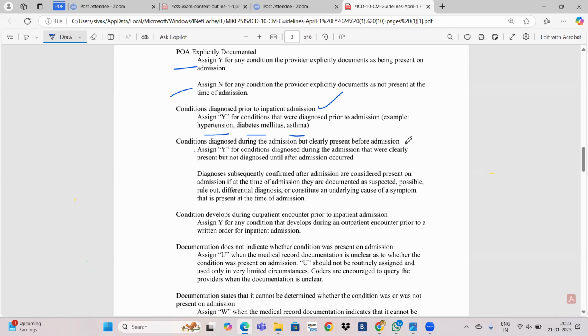Y. Symptoms related to pneumonia, we can assign Y.